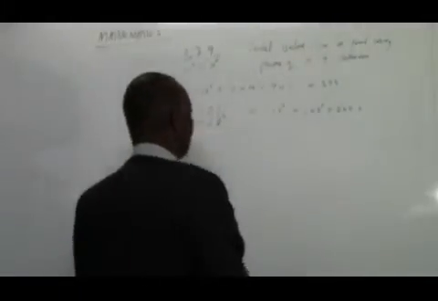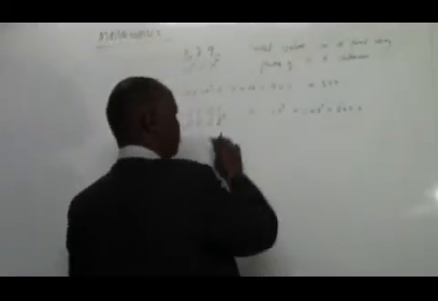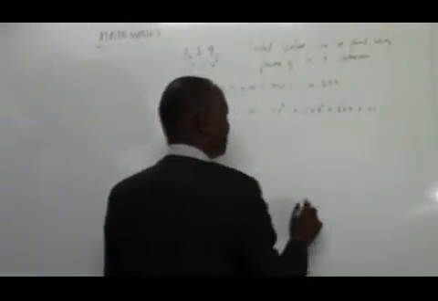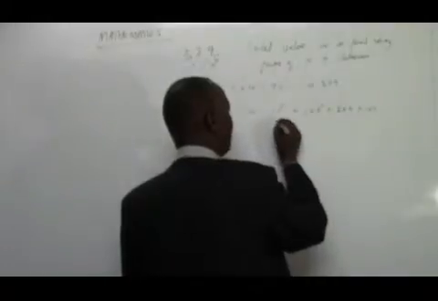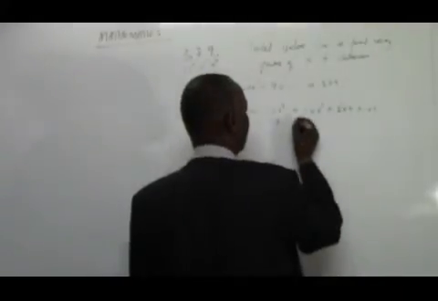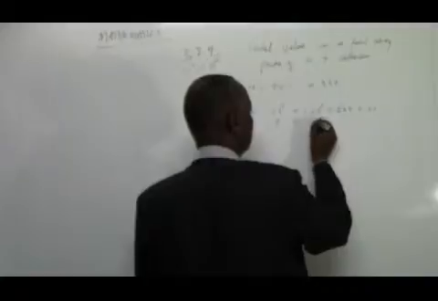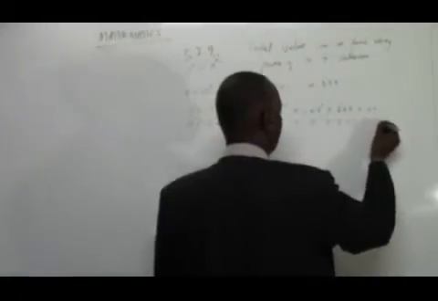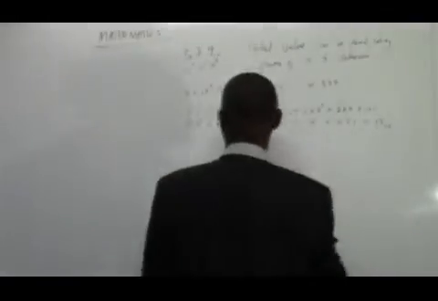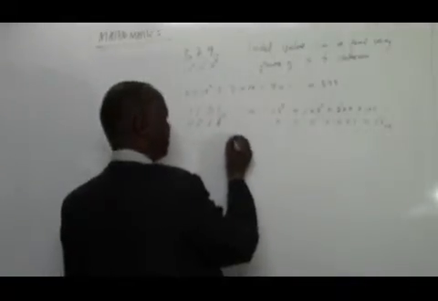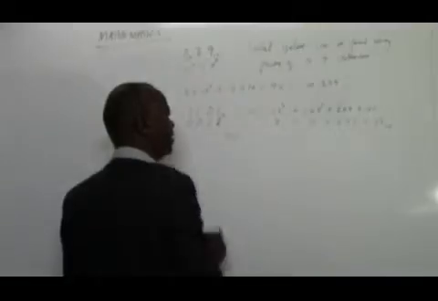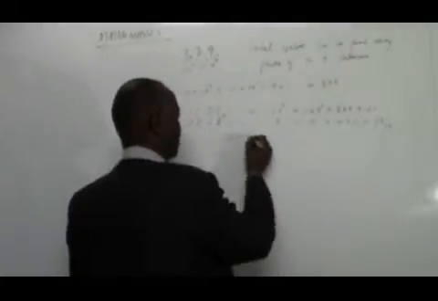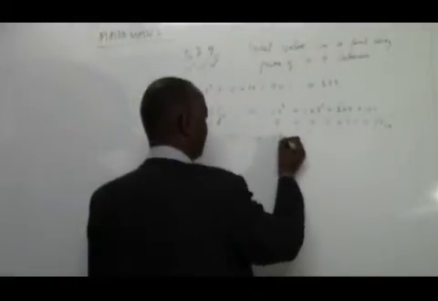Any number to the power of 0 is 1. So if you add that up, you get 8 plus 4 plus 0 plus 1, which is 13 in base 10. Therefore we can say that 1101 in base 2 is equal to 13 in base 10.